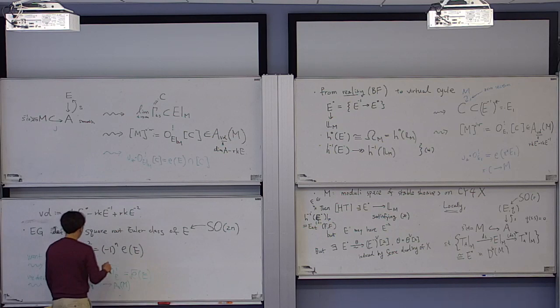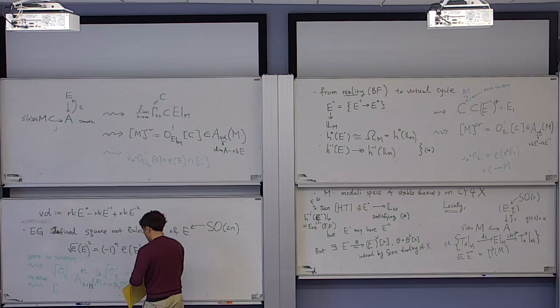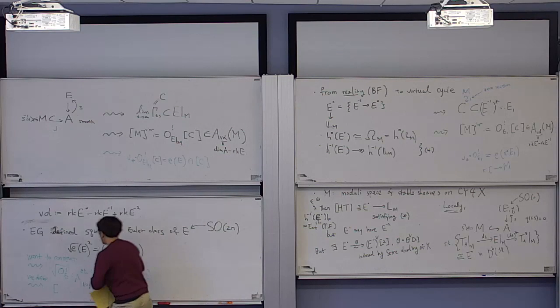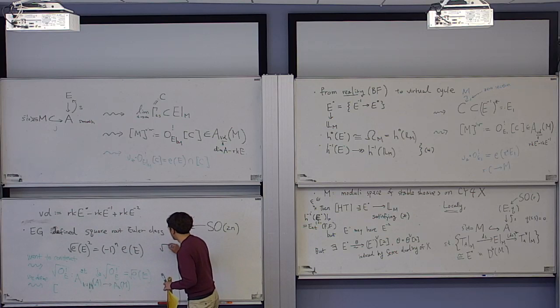I should have said this square root Euler class is already an operator.